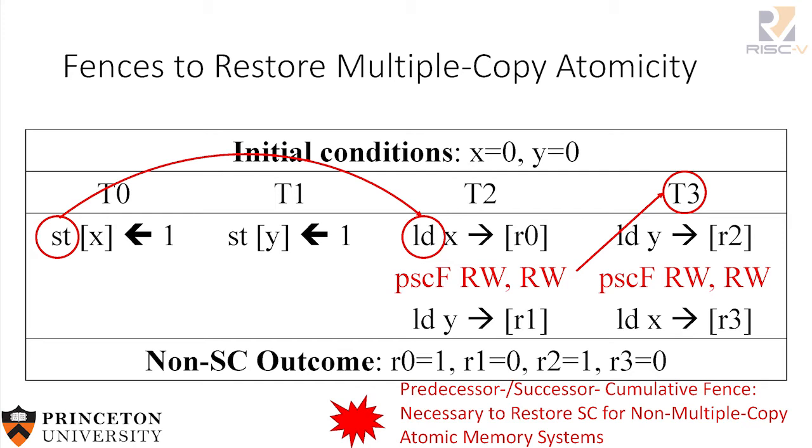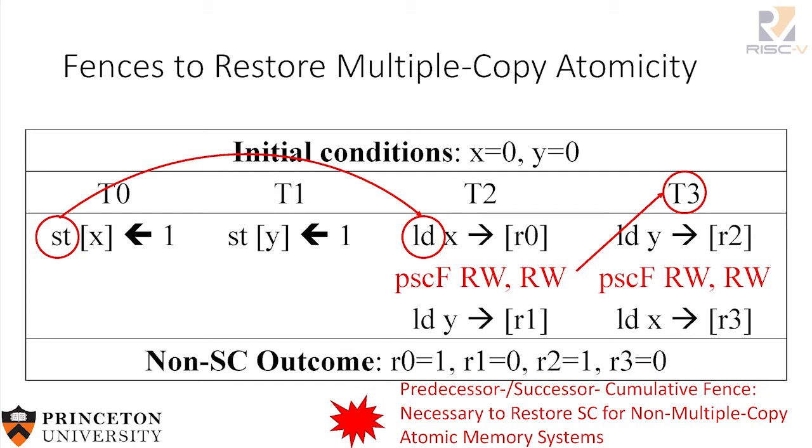So whenever we have this notion of non-multiple copy atomic stores, we have to have a way to essentially enforce ordering of memory accesses on other threads with respect to the accesses on the fencing thread. So this fence, which I'm going to show the example just for the thread 2 fence because it's less cluttered that way.